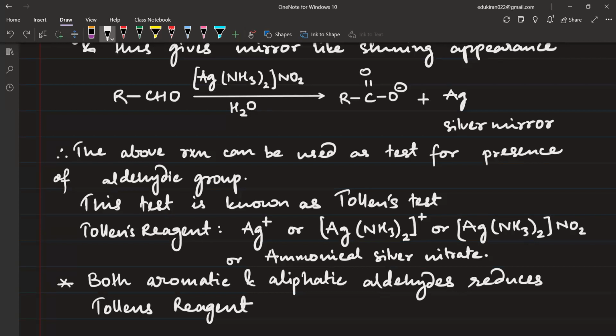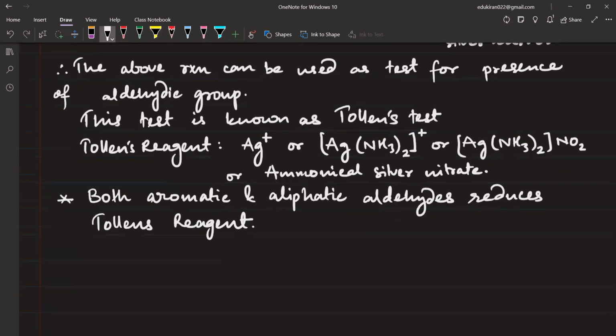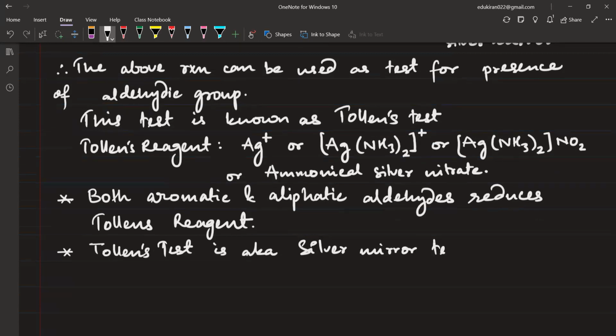So if you have aromatic or aliphatic, both of them will give you a positive Tollens test. Also, write this down: the Tollens test is also known as the silver mirror test. Done everyone? Yes or no? Please tell me.